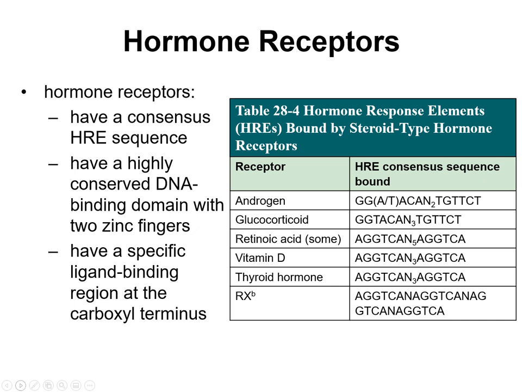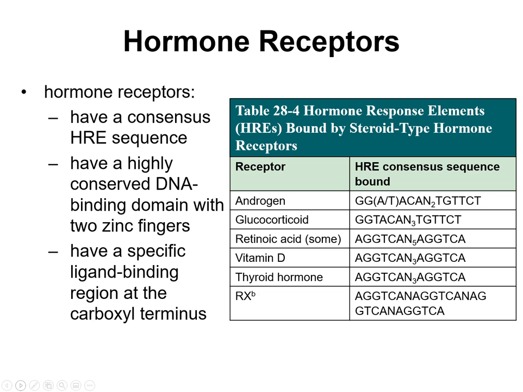Hormone receptors, they have a consensus HRE sequence. And each receptor has a different sequence. So the androgen receptor has its own HRE consensus sequence, glucocorticoid, etc. So you can see all of those in table 28-4. They usually have a highly conserved DNA binding domain with 2 zinc fingers.